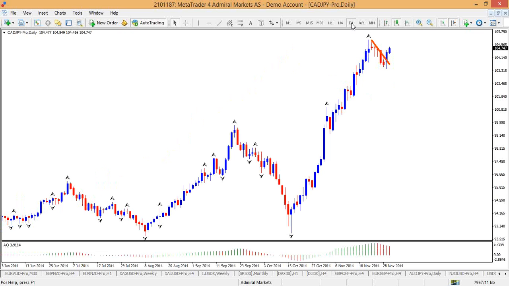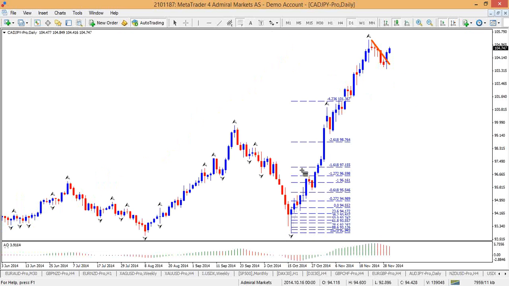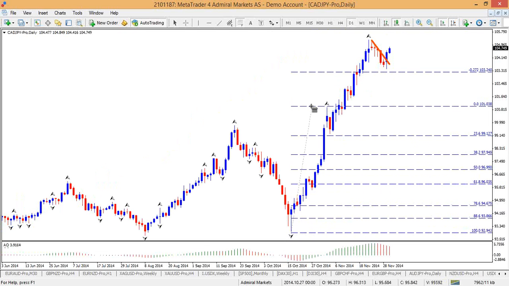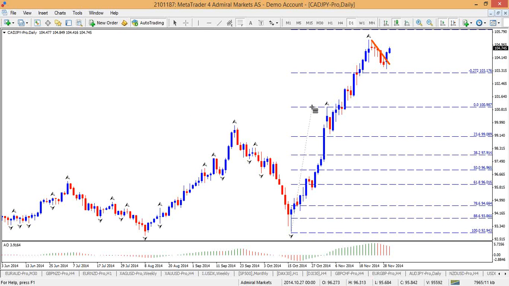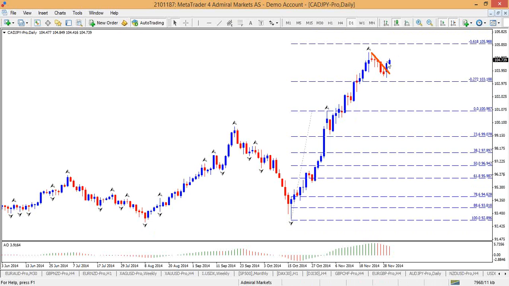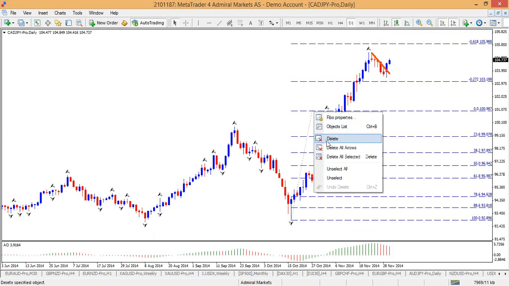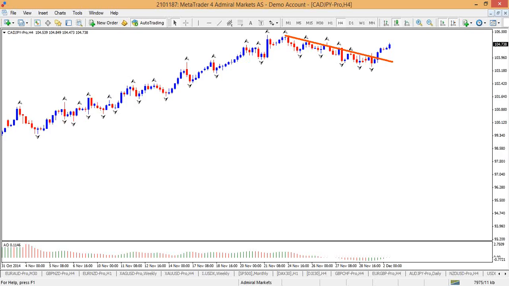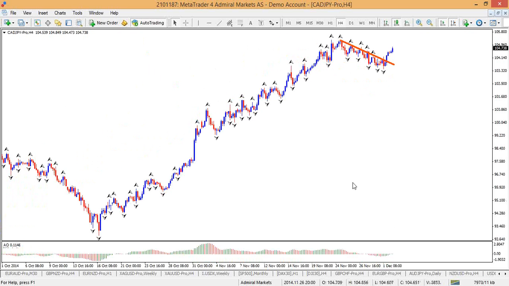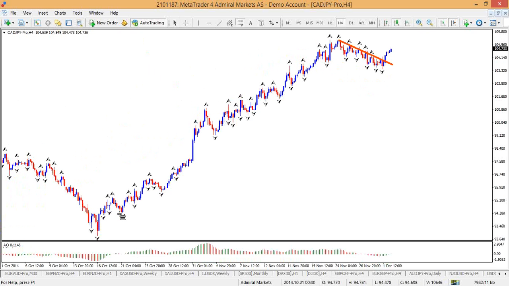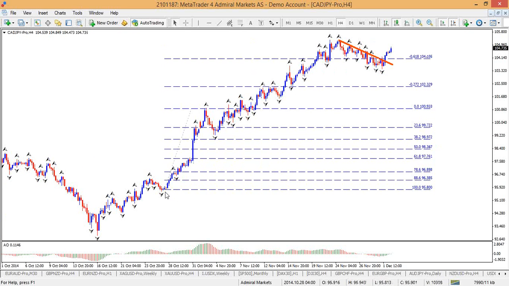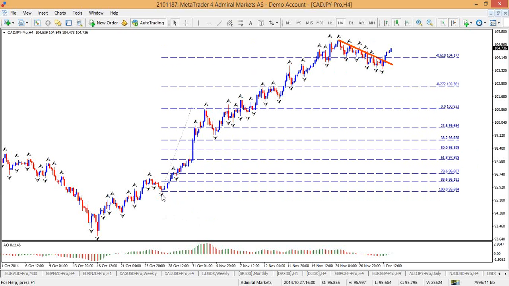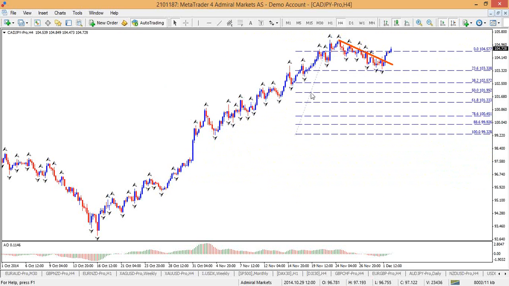Yeah, it depends, I guess, which time frame is chosen as well. Let's take a look at this daily. So using the daily, it says 106. The 4-hour fib, let's see.